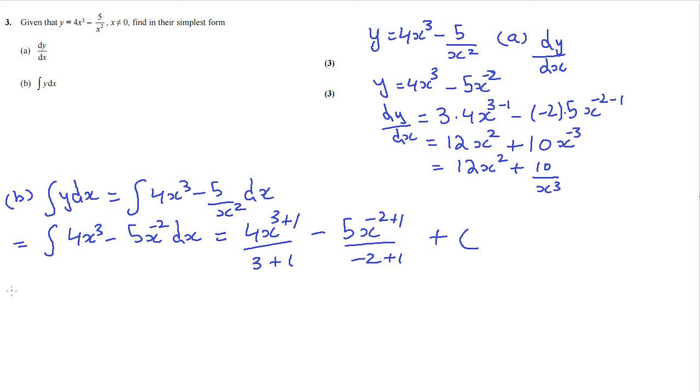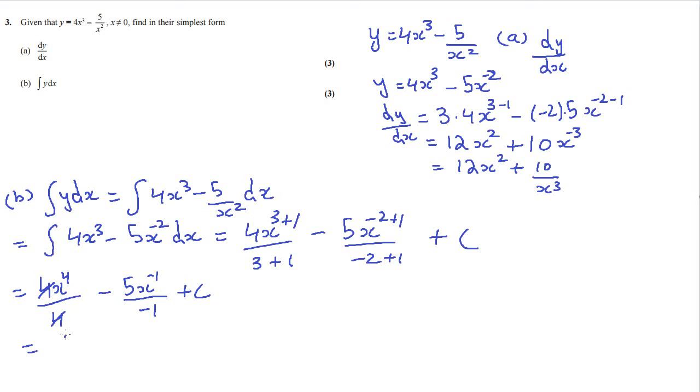Now let's simplify this. You have 4x to the 3 plus 1, which is 4, and 3 plus 1 in the denominator is 4, minus 5x to the minus 2 plus 1, which is minus 1, divided by minus 2 plus 1, which is minus 1, plus c. Further, this 4 can go with this 4, and this minus 1 can go with this minus sign.